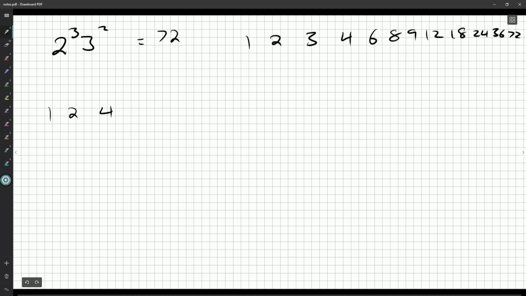Now, when I multiply them all together, one thing we might notice is that if I group the powers of 2 together, I could also group powers of 2 multiplied by a single 3. So we're just being very particularly organized.